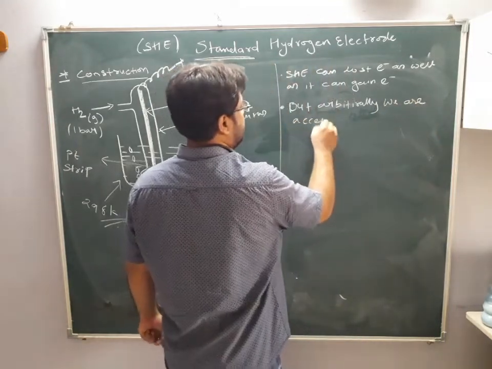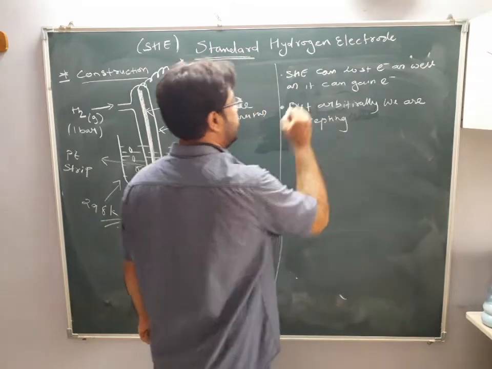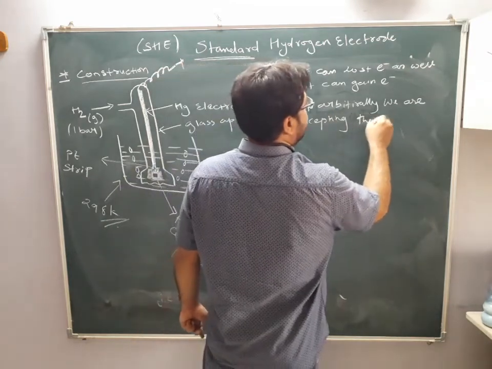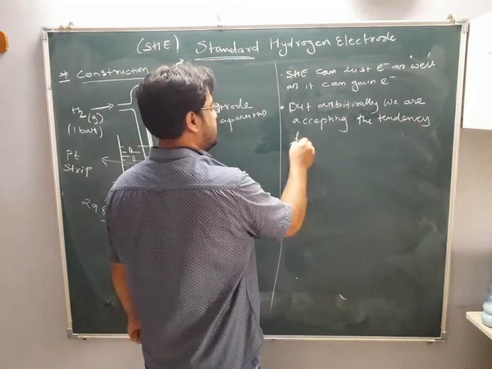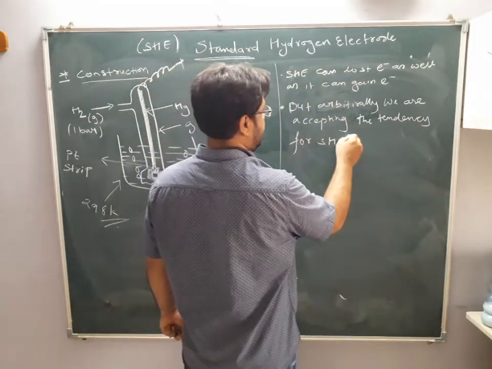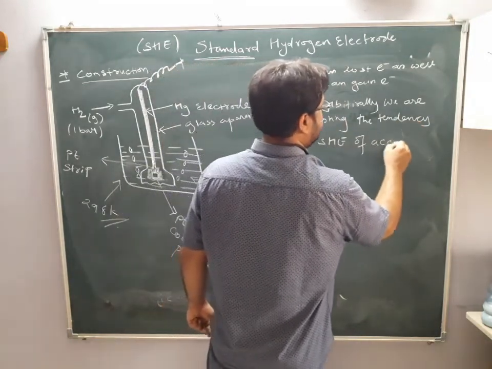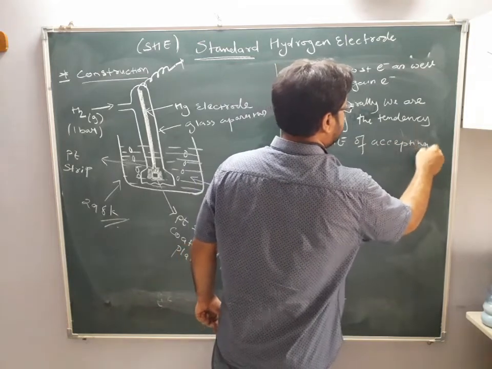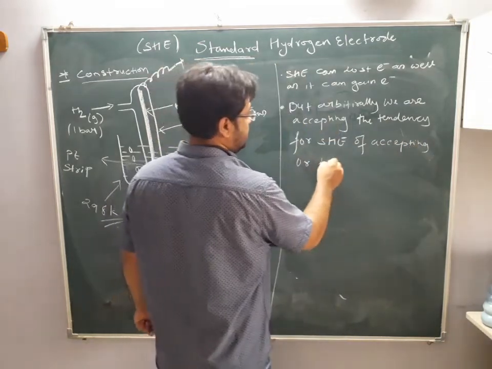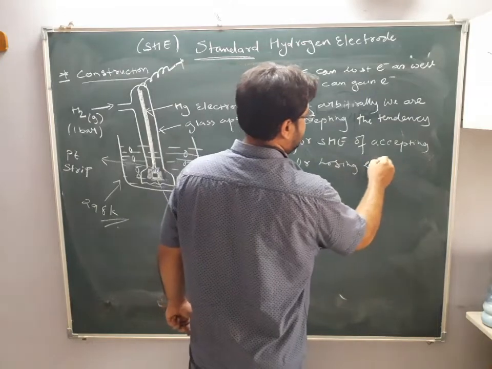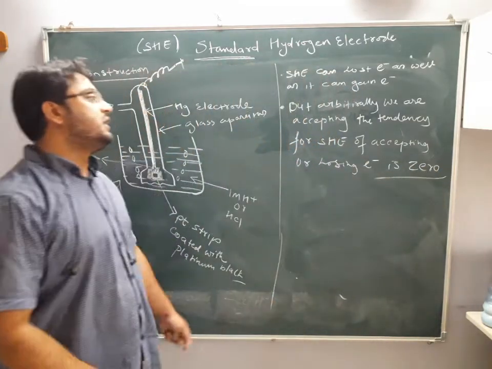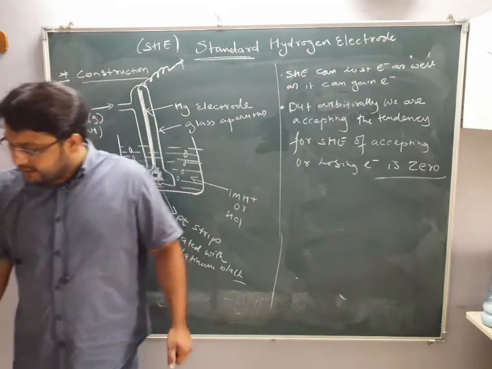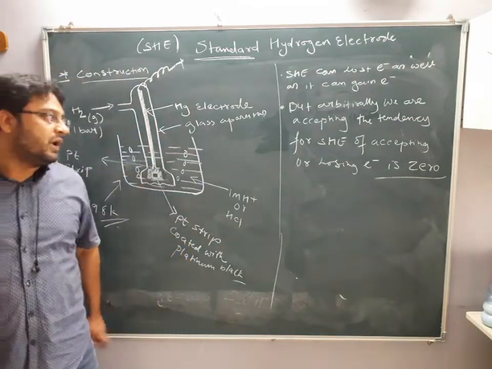So arbitrarily, sorry for the spelling mistake, arbitrarily we are accepting the tendency, means capacity, the tendency for SHE, that is standard hydrogen electrode, of accepting or losing electron is 0. Means neither they can lose the electron nor they can gain the electron. We are accepting arbitrarily. Why are we doing so?